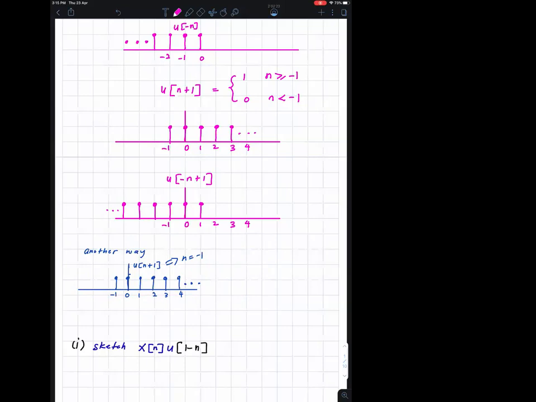Now we look at u[minus n], which is going to be like this, correct? Let's say if I add 1, u[minus n plus 1], it's going to move the signal to the right.